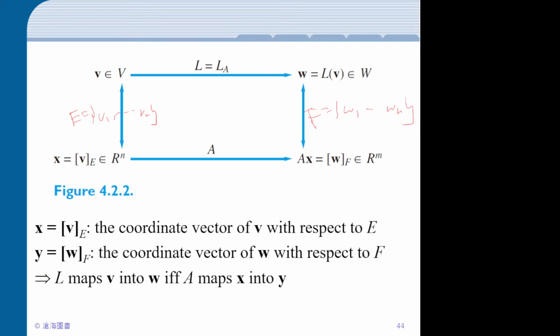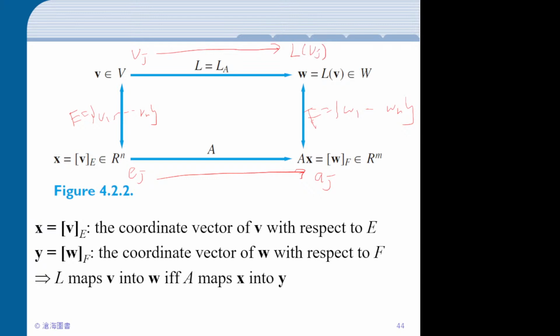And once again, we find the columns of A this way: Ej gets mapped to Aj, the jth column of A. And Ej corresponds to Vj, and Vj gets mapped to L of Vj.